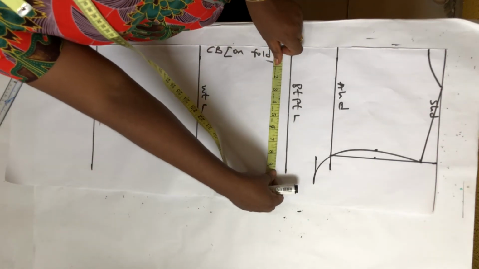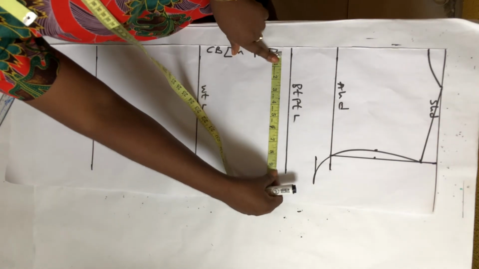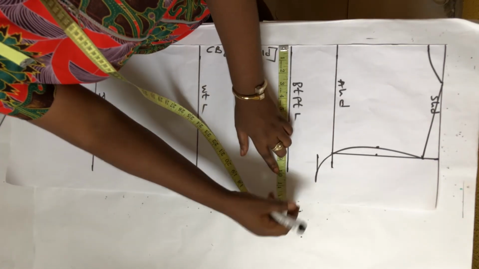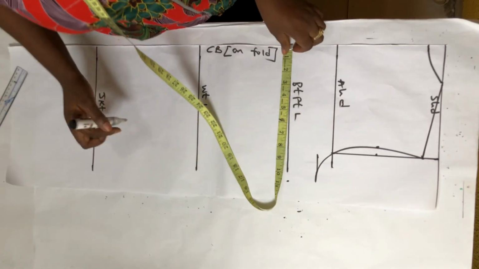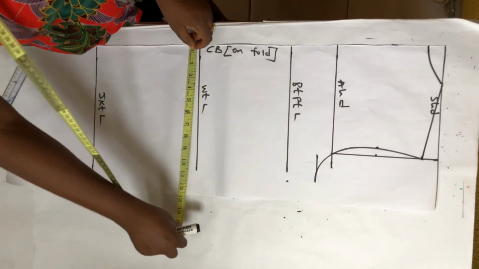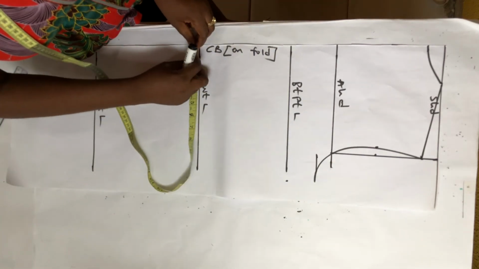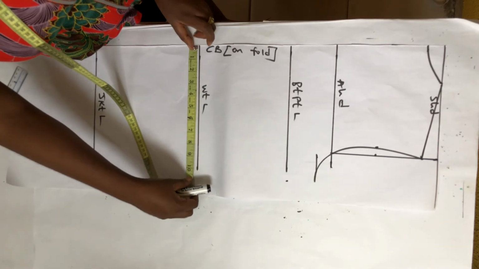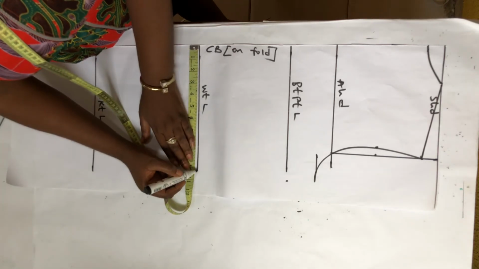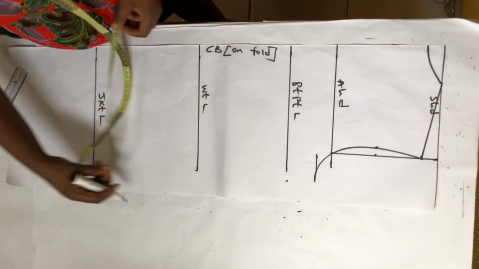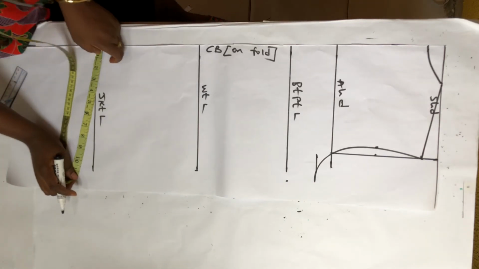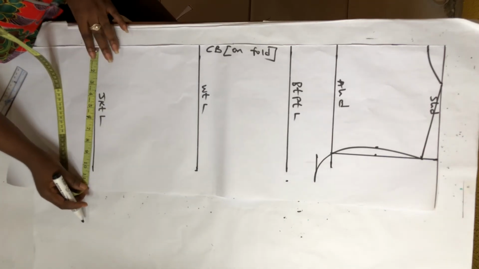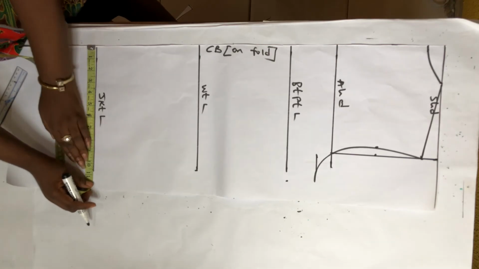Now I'm going to get my bust measurement, that is 10.625 inches. My waist is 10.125 inches. My hip is 11 inches.